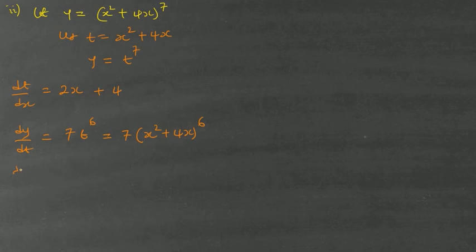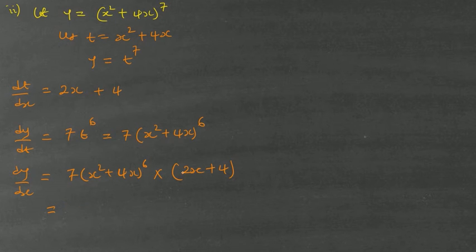Now our dy/dx will be equal to 7, that is the dy/dt, x squared plus 4x, power 6, times the dt/dx, which is 2x plus 4.